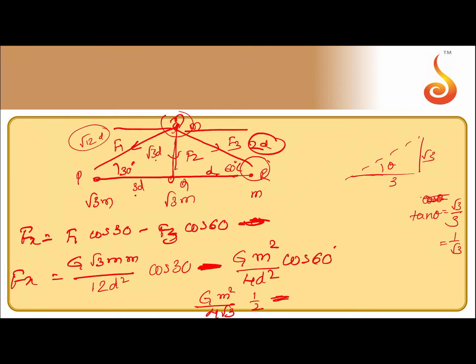This minus G m square divided by 4 root 3, cos 60 is 1 by 2. So this turns out to be 0. So we have this Fx.